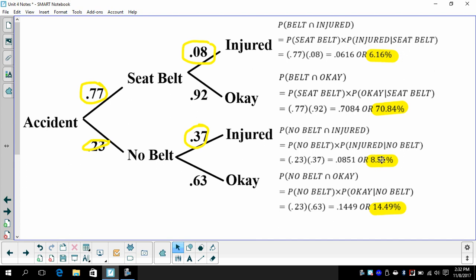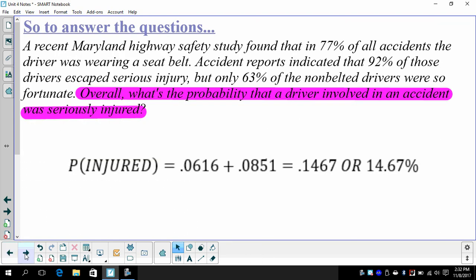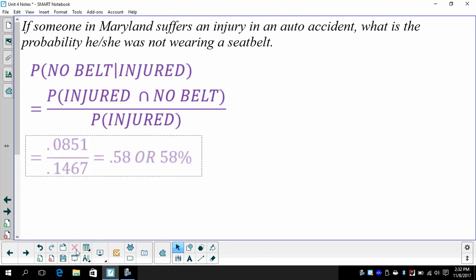That's right here, 8.51%. And the probability that they were injured. That's what we just found, 14.67%. I use the decimals, of course, do that division, and we get that given that this person showed up in the emergency room and was injured in an automobile accident, there's a 58% probability that they were not wearing their seatbelt. So the moral of the story is you should wear your seatbelt.